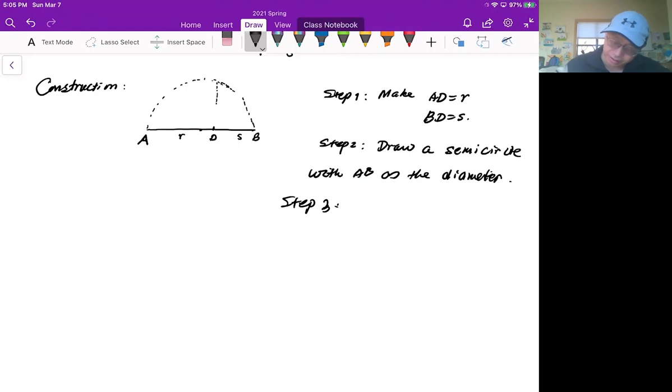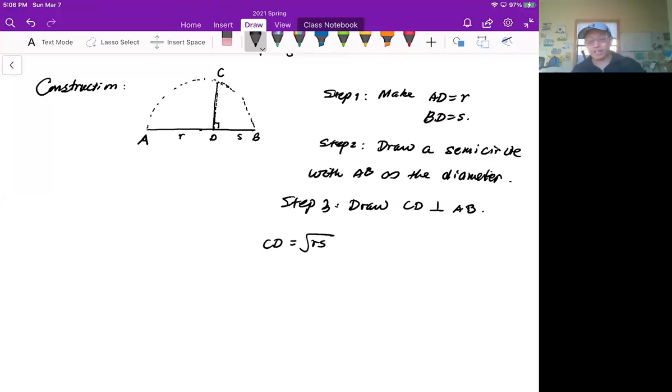So draw the perpendicular line in this way, and intersect at the point, and then we are done at the point C. So draw CD perpendicular to AB, and then we are done. So CD is just the square root of R times S.